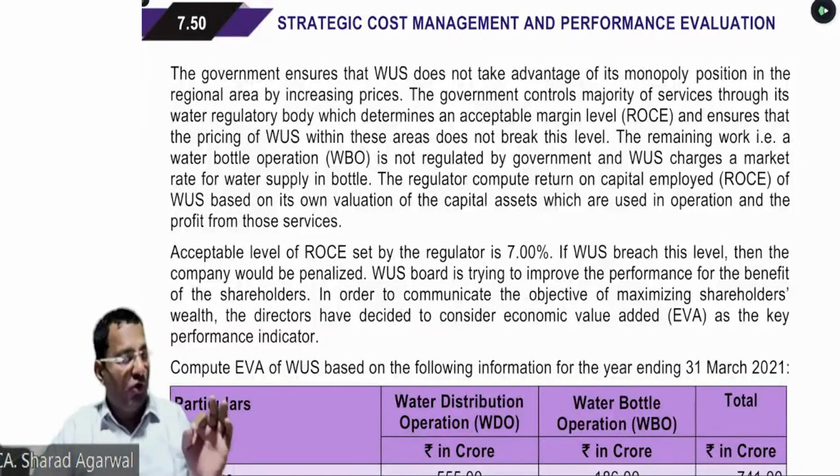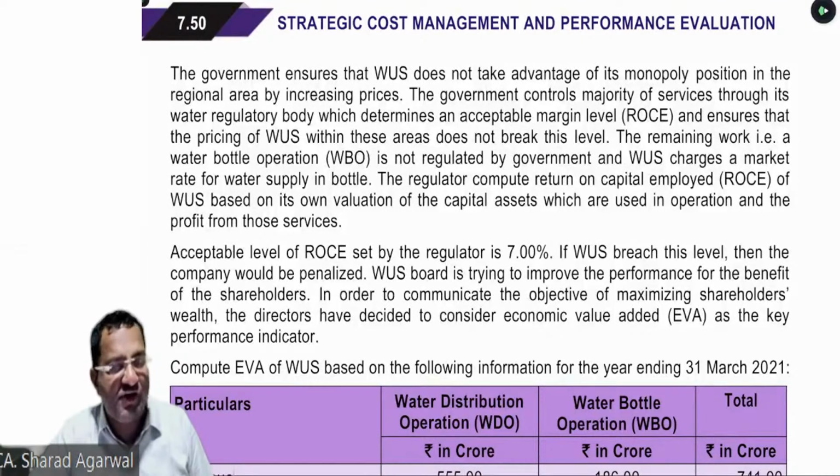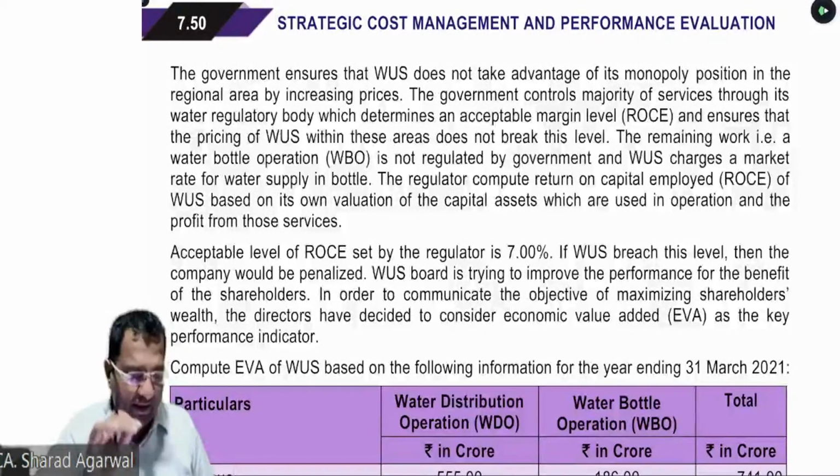But the government's responsibility is to ensure that since we are the only supplier of water in Mumbai and in the nearby villages, we are in a monopoly situation. So due to that, are we raising unnecessary prices and recovering from the consumer? So there is a check that is mandated by the government.